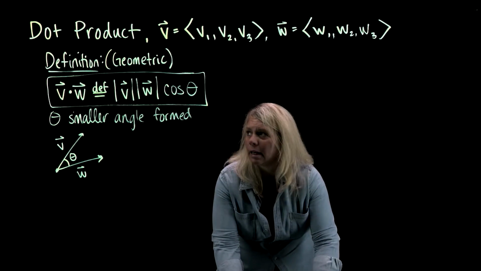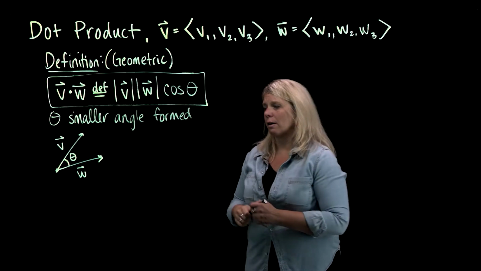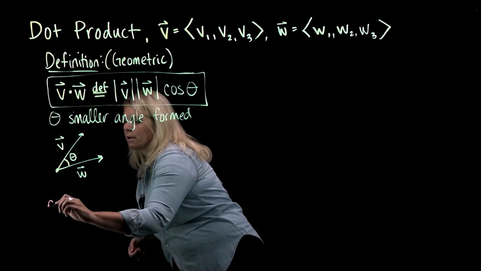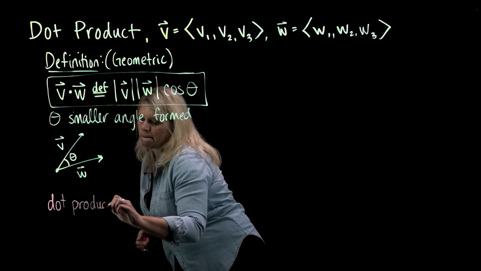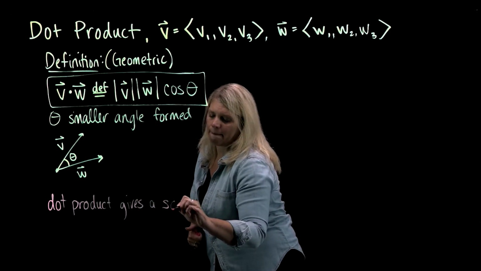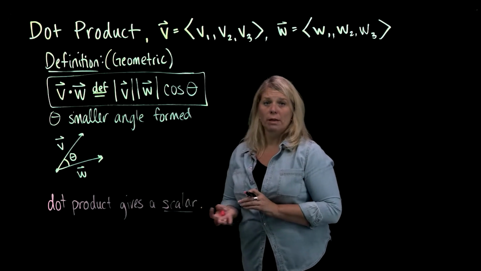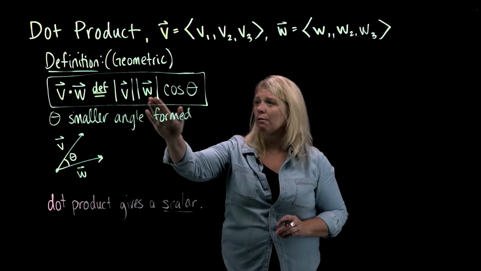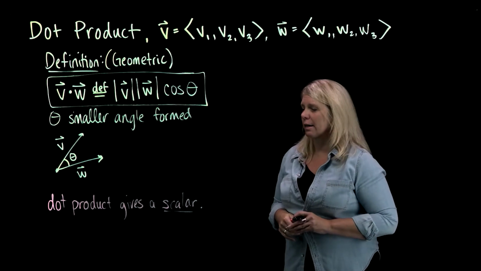So a couple of important things here about this definition. One of them is that a dot product gives a number or a scalar for the result. So your answer for a dot product problem should always be a number based on thinking through these. This is a number, this is a number, this is a number. I have three numbers times each other here.